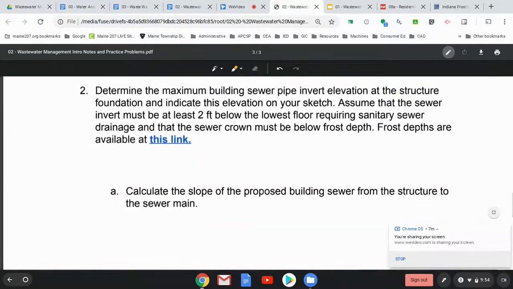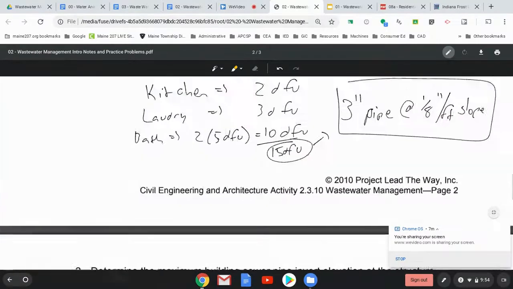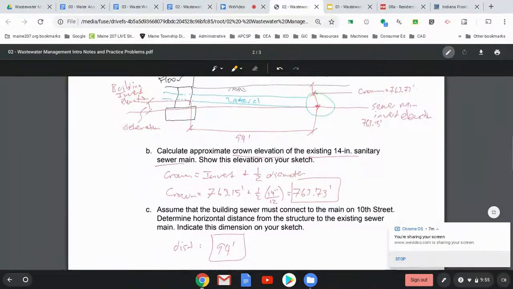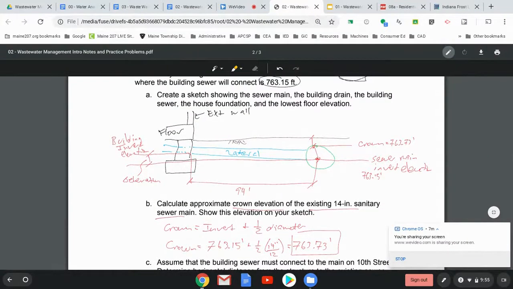All right, determine the maximum building sewer pipe invert elevation. So if we go back up to here, what we're designing right now, I want that elevation right there. So I'm kind of back calculating from here, going back up now.